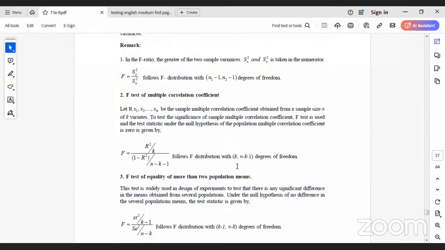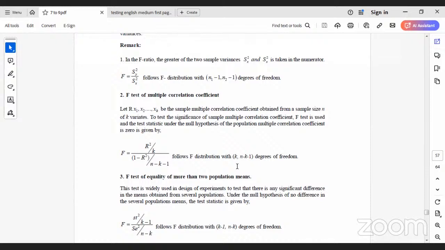So, F test of multiple correlation coefficient. If R x1 x2 ... xk is the sample multiple correlation coefficient obtained from a sample of size n on k variates, then to test the significance of the multiple correlation coefficient, the F test is used.